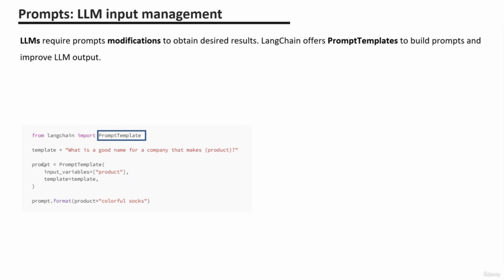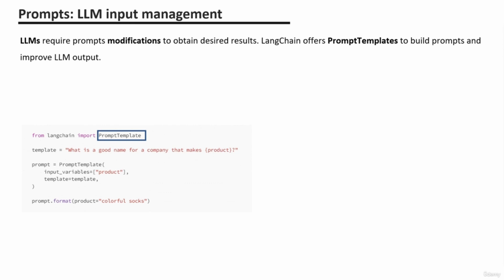We generate the prompt using the prompt template function, passing the input variables, in this case, product, and the complete template. When we want to use the large language model with this template, we simply use the prompt.format function and indicate the input variable, in this case, product. We specify that it will be colorful socks.